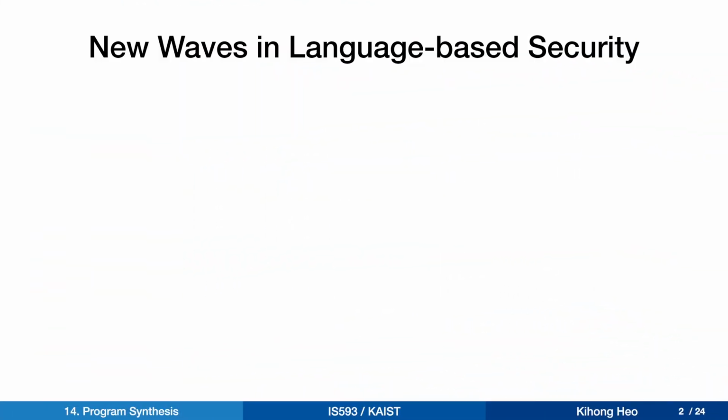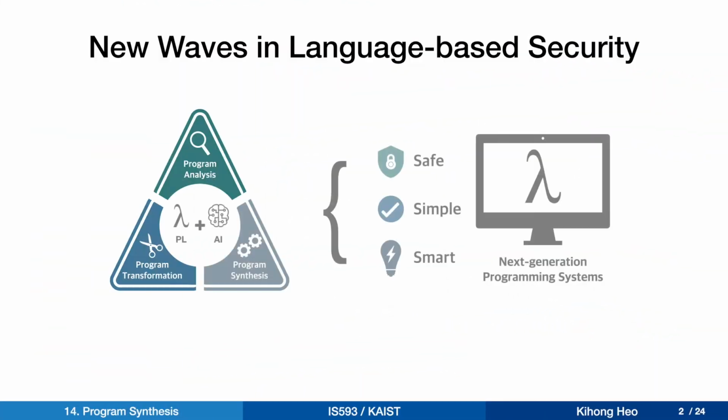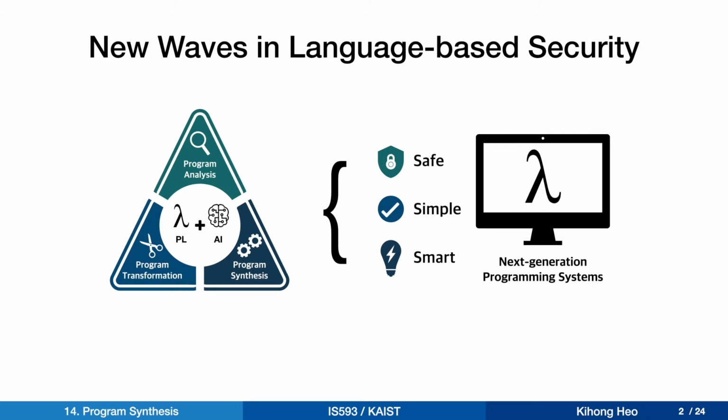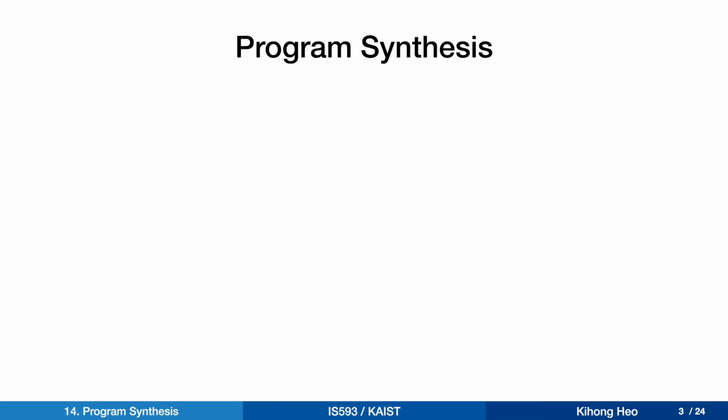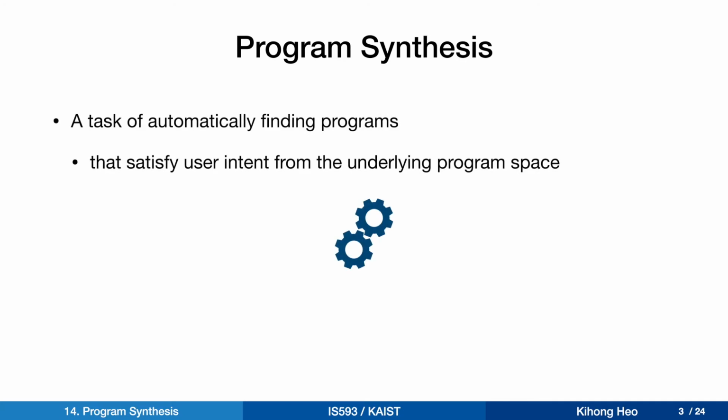Okay, let's get started. We have been talking about new techniques to achieve next generation programming systems by combining programming language and AI. Today we will cover program synthesis. Program synthesis is a technique of automatically finding desired programs that satisfy the user's intent.